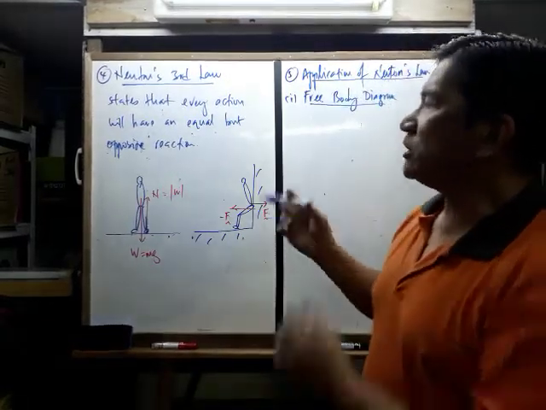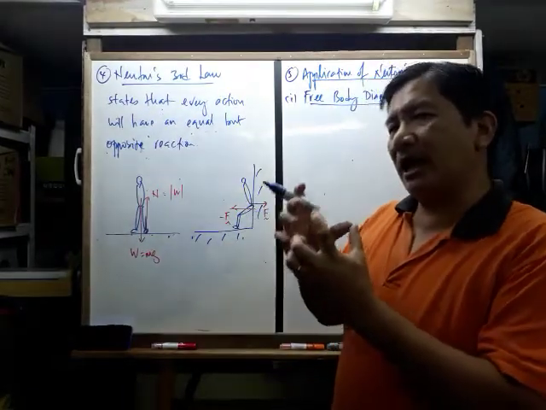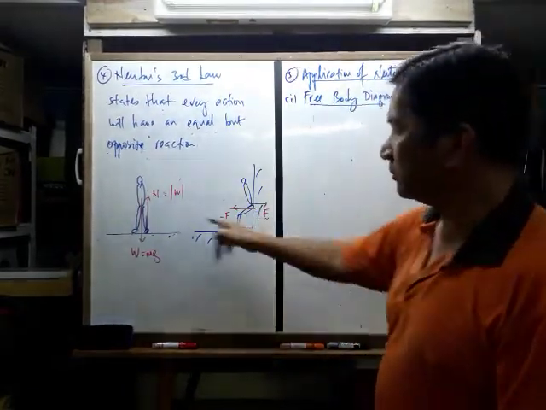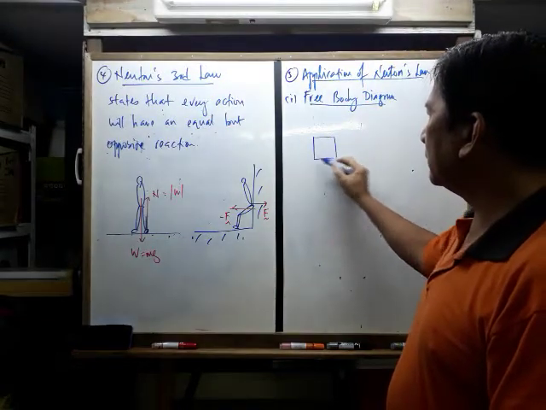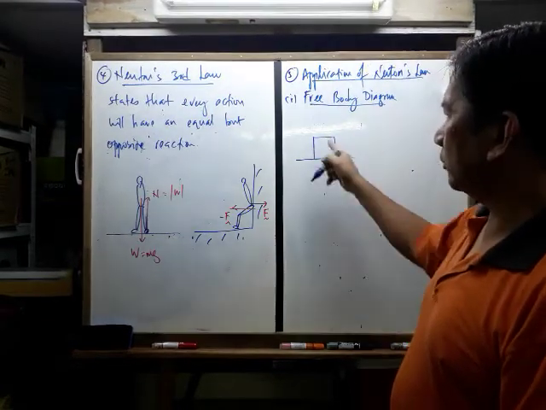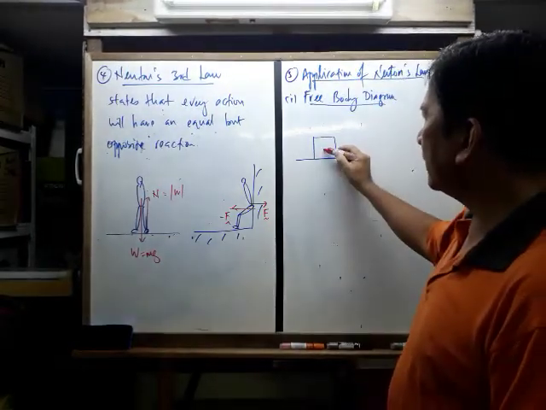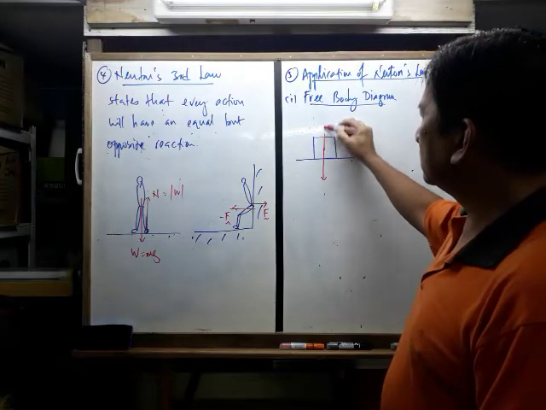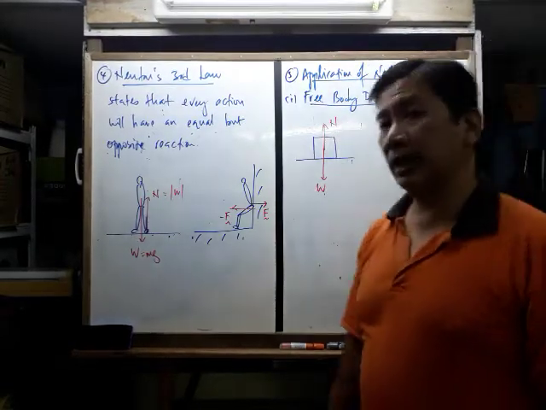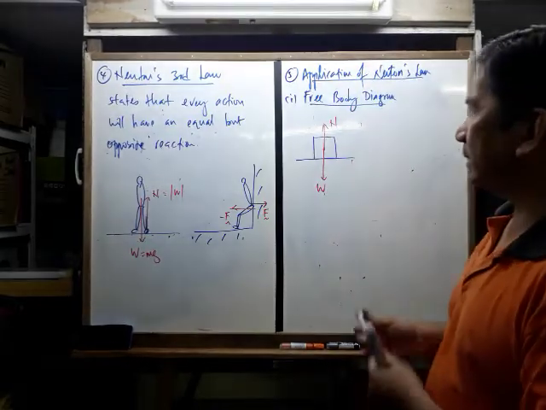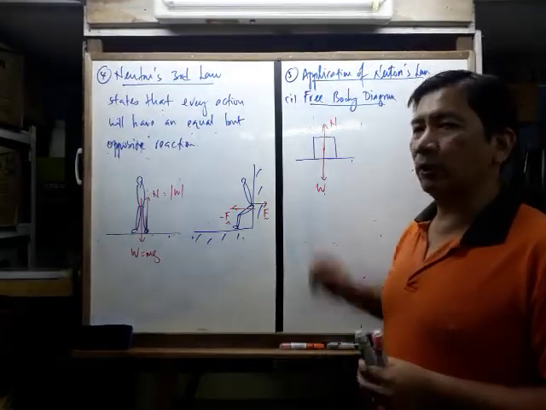So I will just simplify the object I'm interested in into simply a shape. For example, this diagram can be simplified like that, and then the forces, weight and normal reaction, can be shown like this. This is one example of a free body diagram.